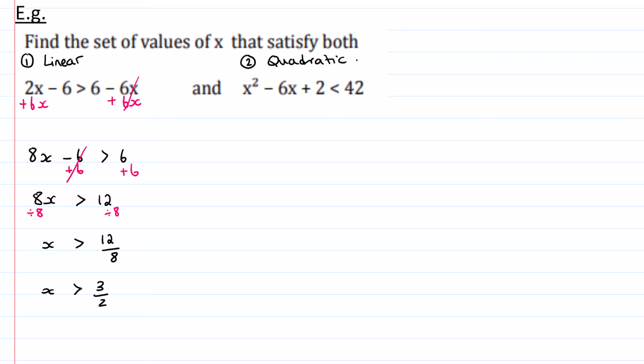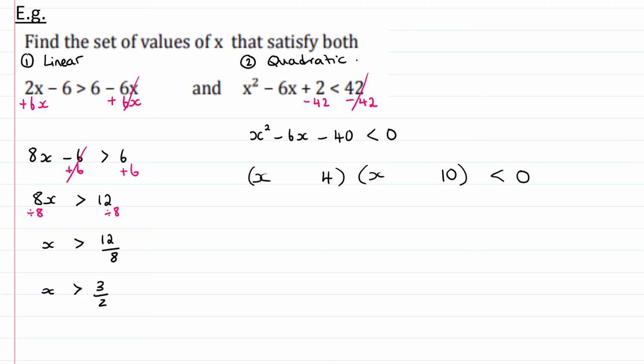The quadratic, first thing I do is subtract 42 because I want to make it equal to 0. So I have x squared minus 6x minus 40 is smaller than 0. I can factorize that. x times x, 4 and 10.